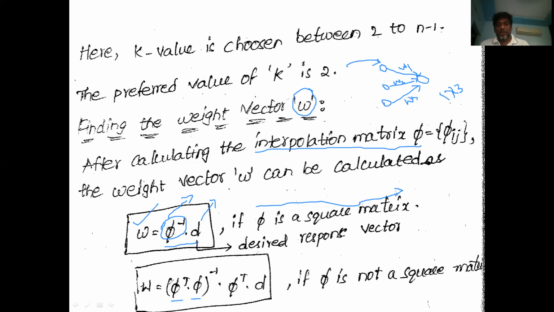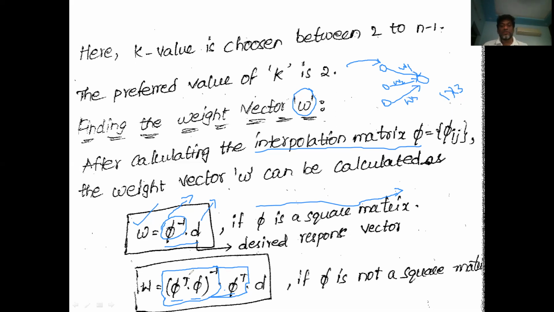For the result, we find the inverse. After calculating this inverse of phi power T into phi, we multiply the result with the transpose of the interpolation matrix, phi power T. This is called inverse interpolation. And now we are ready to multiply this with the desired response.